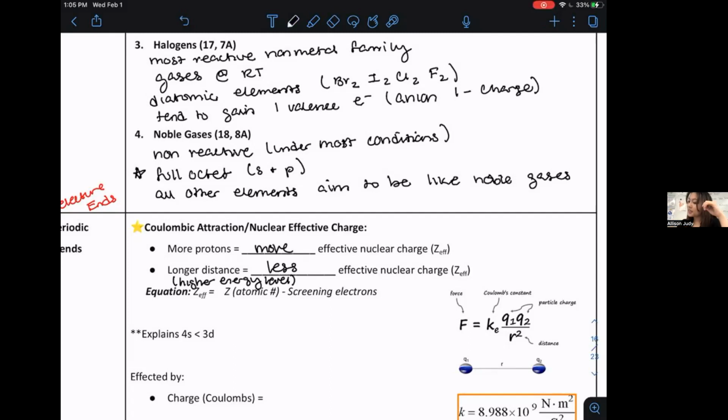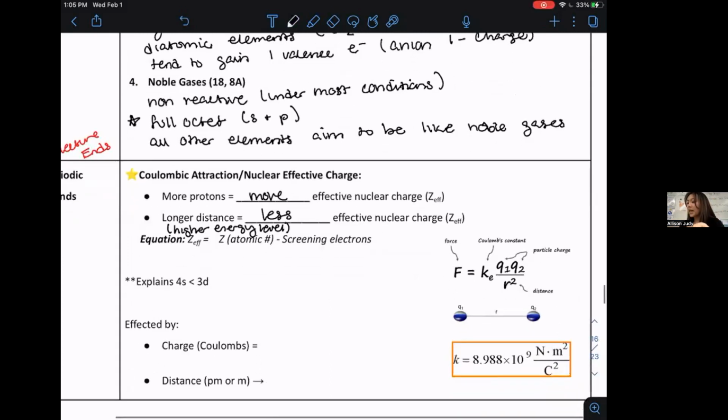Okay. So this, by the way, explains why, when I messed up yesterday in the lecture, the 4s orbital is at a lower relative energy level than the 3d orbital. It's because the 4s orbital is circular, it's chunky, right?